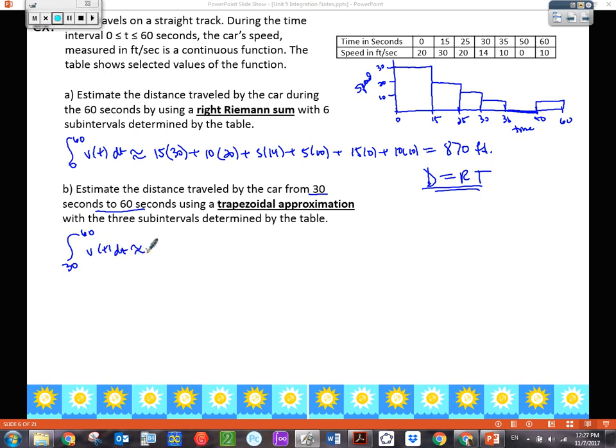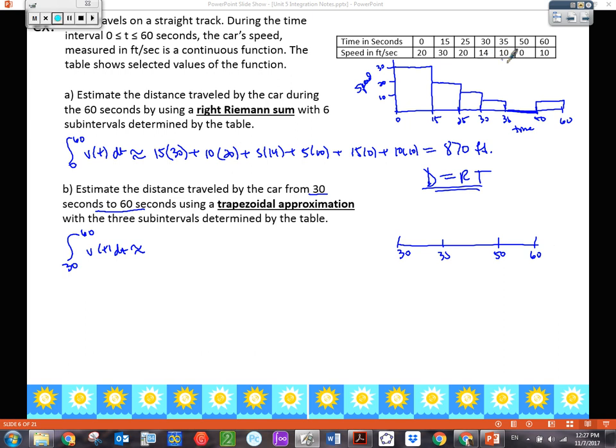Okay, I have to draw a picture. So here we go. We're going from 30, and then we have 35, and then 50 and 60. Okay, we got that.